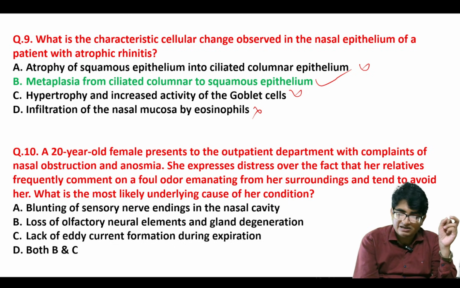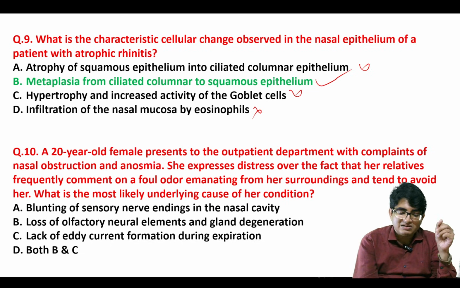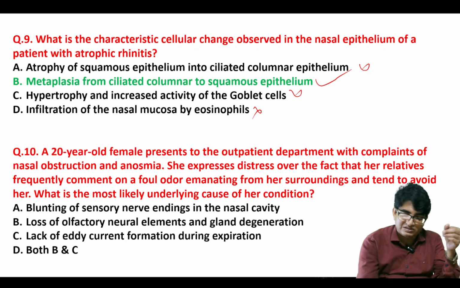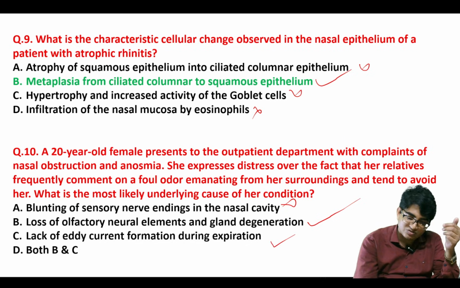What is the most likely cause for her condition? Blunting of sensory nerve endings in the nasal cavity. Sir, lack of sensory neural tissue is actually the thing, not blunting. Blunting of sensory nerve endings leads to nasal obstruction, not anosmia. So this is wrong. Loss of olfactory neural elements, yes, and gland degeneration, correct. Lack of eddy current formation during expiration, correct. So the answer should be both B and C.